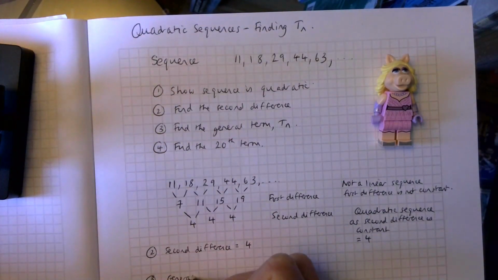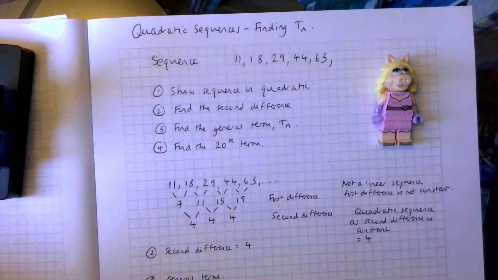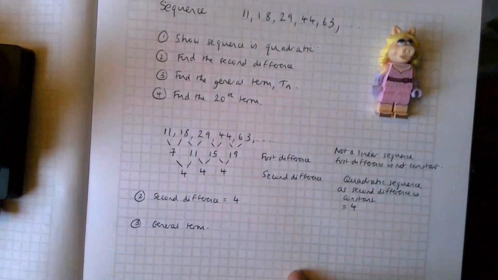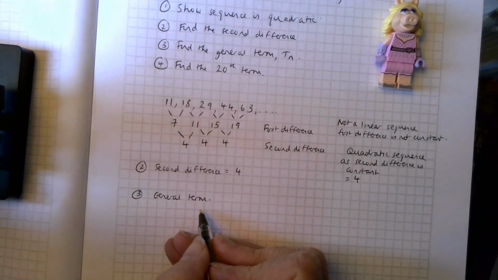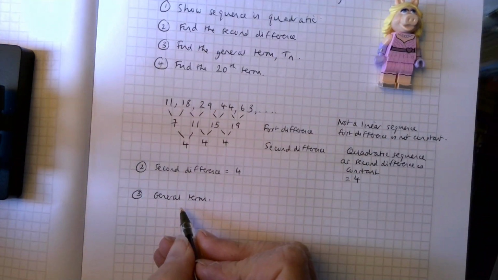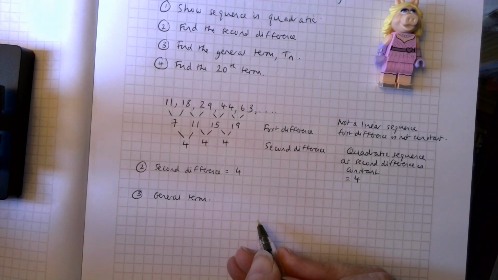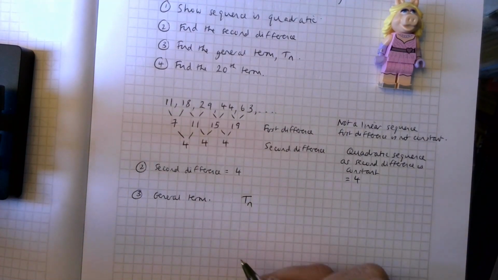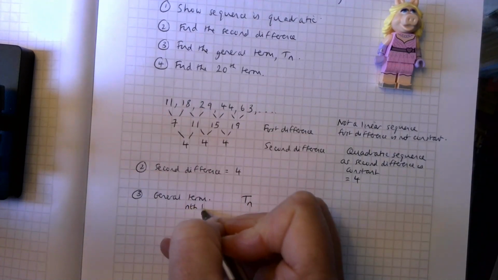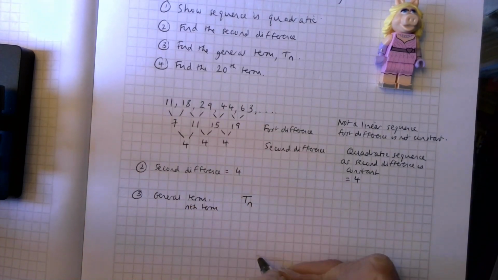First thing is that often you're given, to find the general term, the kind of structure that you need for the general term. The structure is that the general term, which we write as Tn, which is sometimes called the nth term or any term, okay?